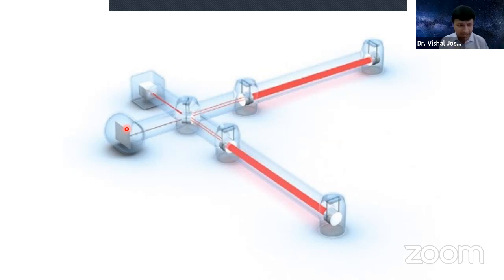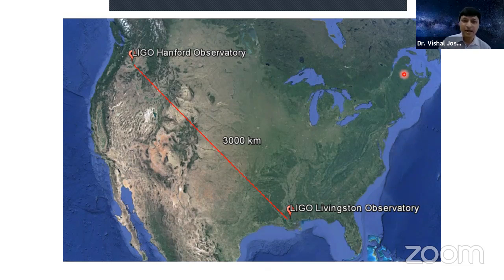Now, in order to detect a tiny amount of displacement, we need to have these arms much larger. And the USA has established two observatories, the LIGO, Laser Interferometer Gravitational Wave Observatory, one at the Hanford Observatory on the western side, and the other at Livingston on the eastern coast.